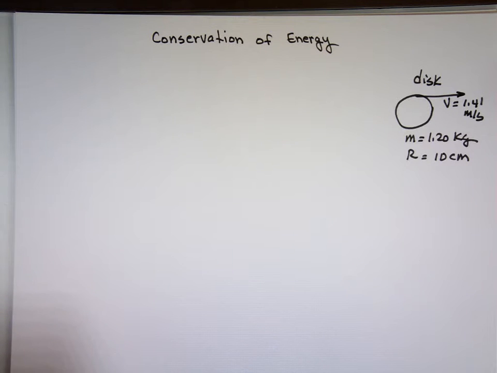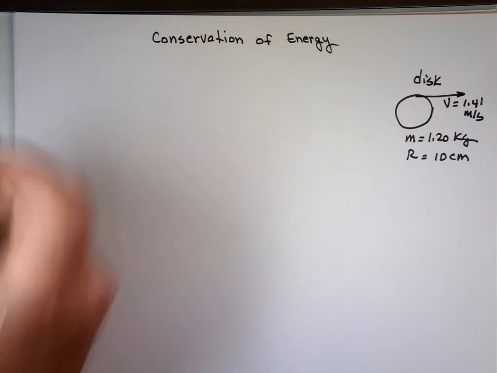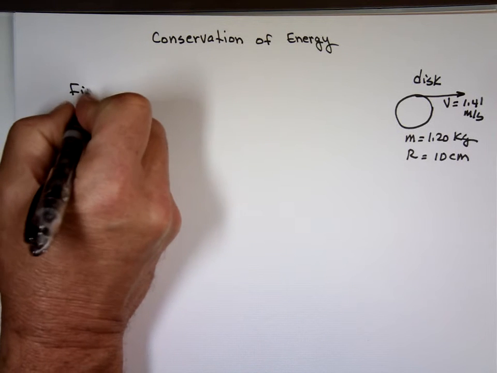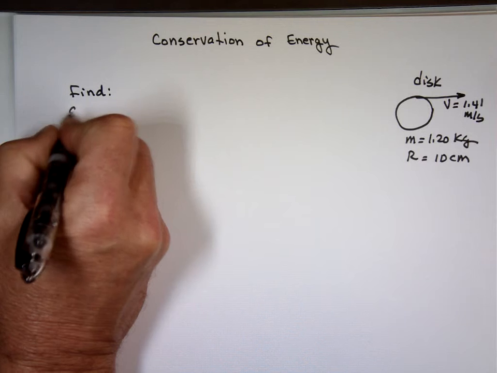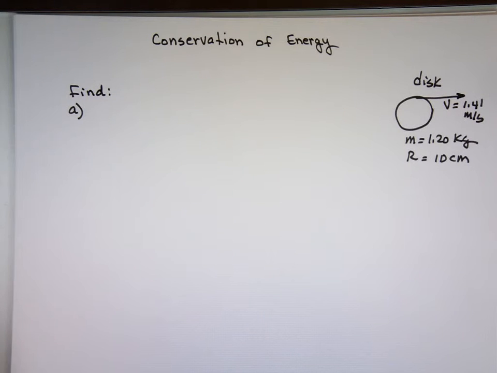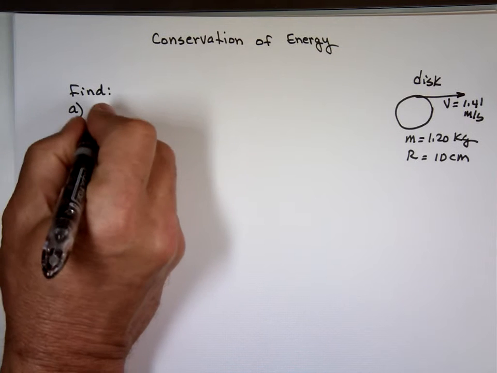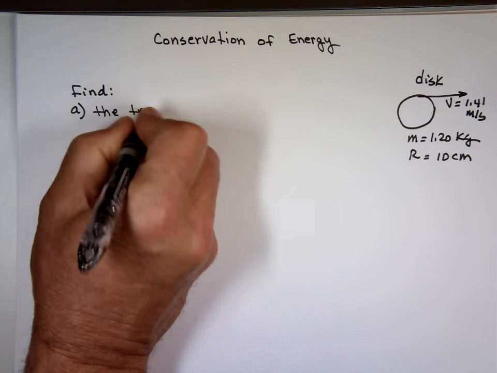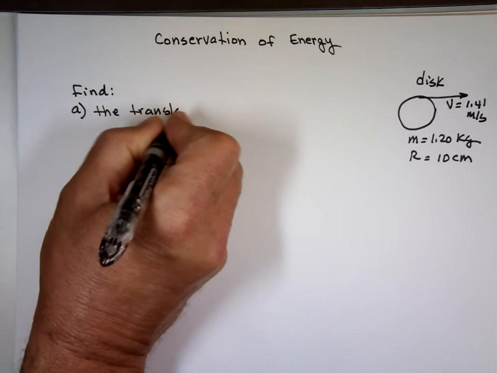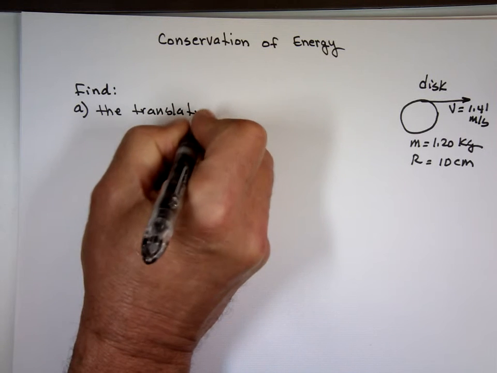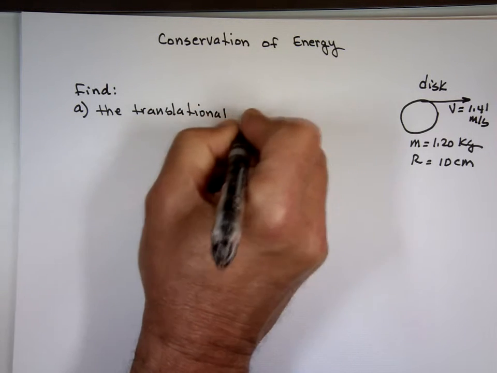Here's the question. We'll give you actually three parts. Part A: find the translational kinetic energy.